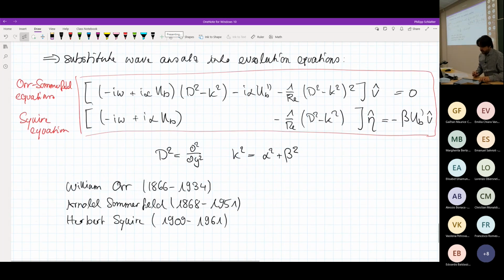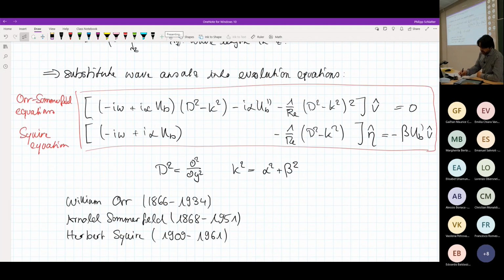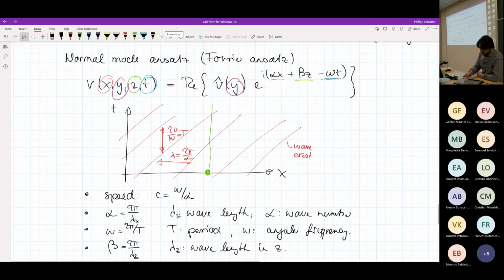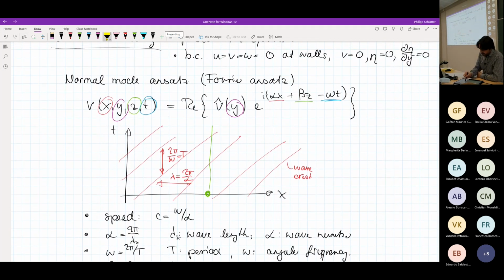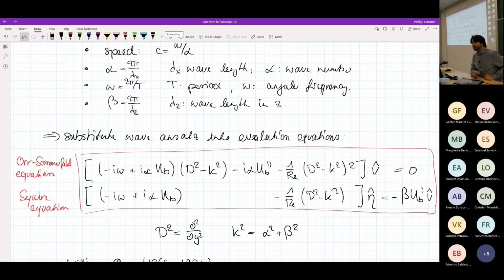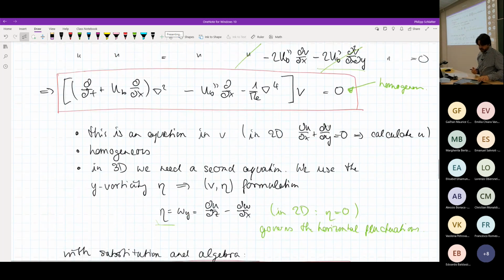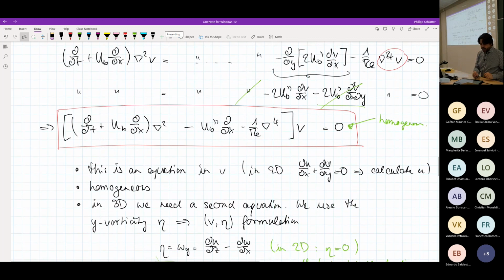Okay, I think I know what you mean. So the exponential, I guess you mean this bit here. Yes. This doesn't appear because it would appear in all the terms, so you can actually divide by it. Let's take the example of the V equation.